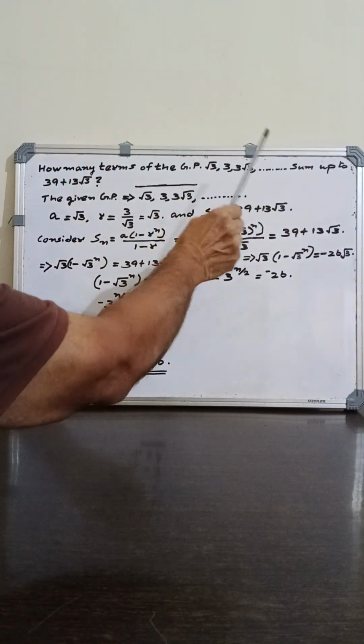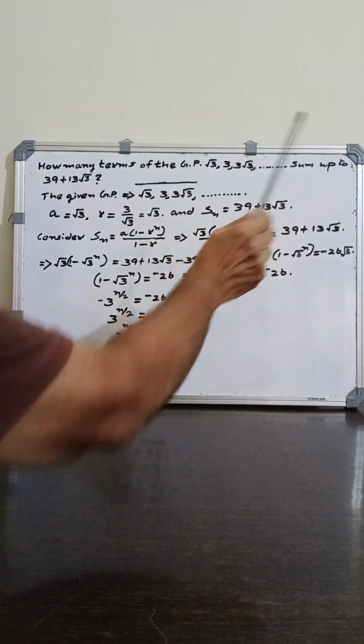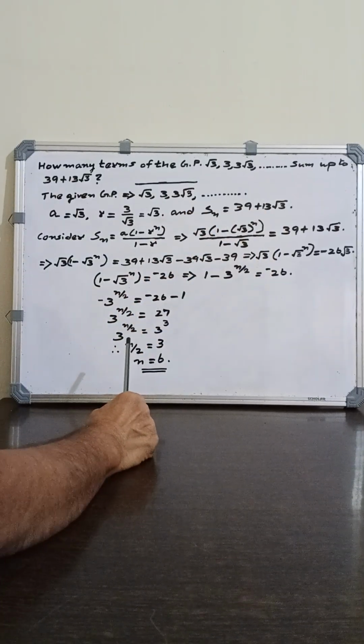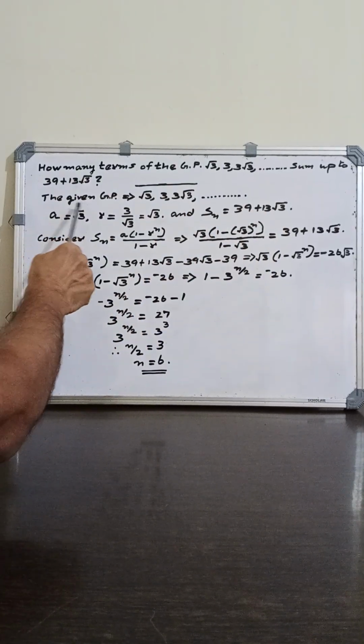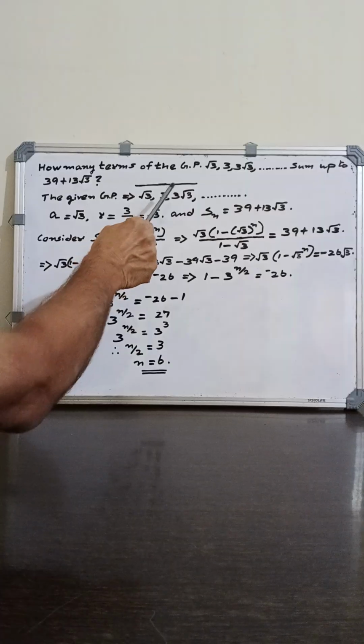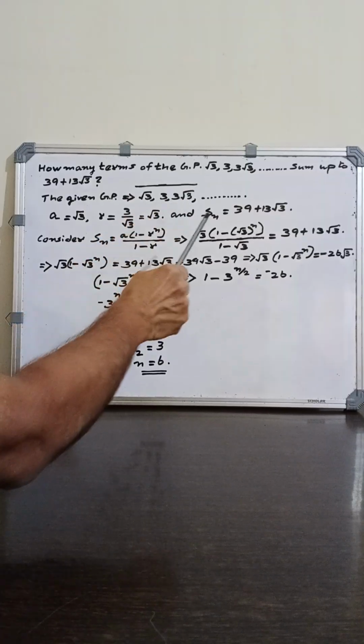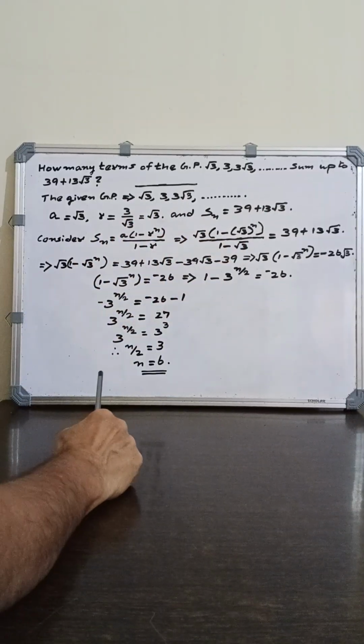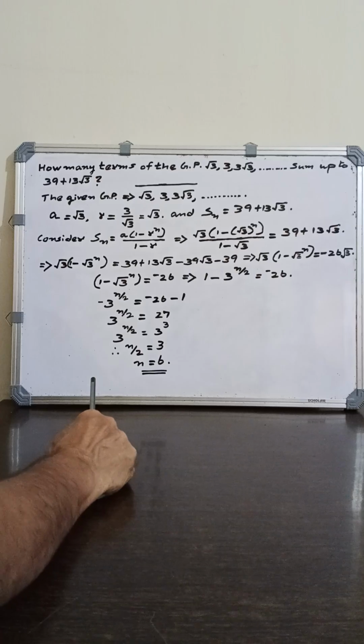How many terms are there in the given sequence? The given GP is root 3, comma 3, comma 3 root 3, etc. Let us see how this is solved.